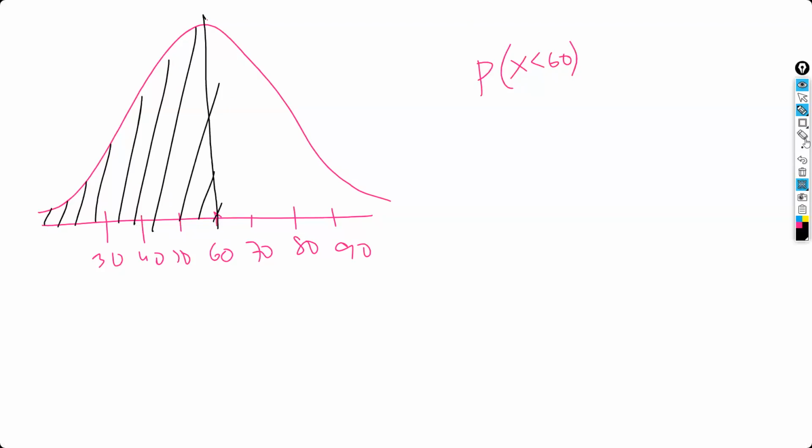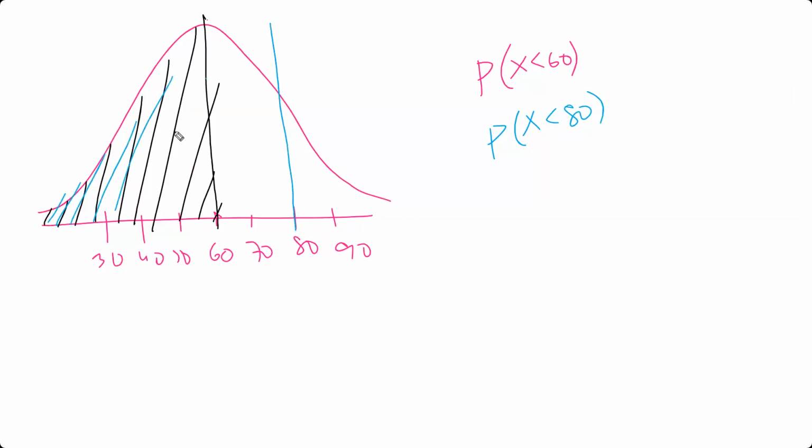Now, when I calculate the second question, the probability of x less than 80, from where to where? Again from the start up to 80. This point is important. Now my requirement is 60 to 80. Then what do I have to do? Blue color area minus black color area.